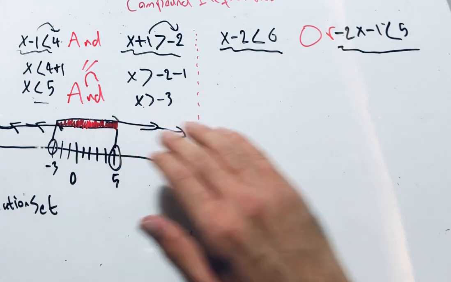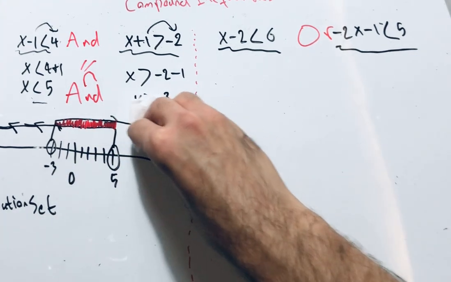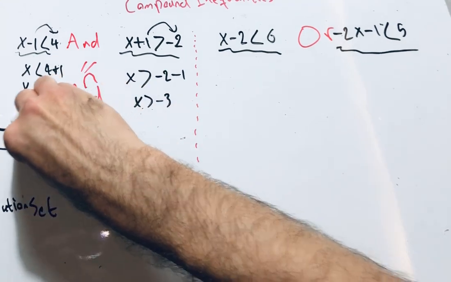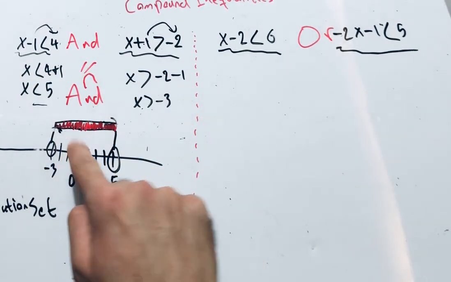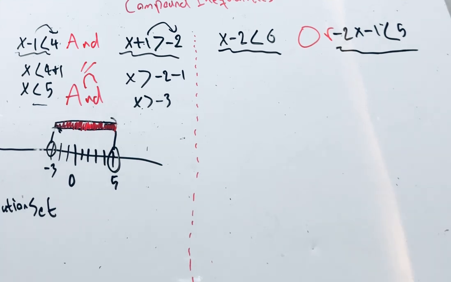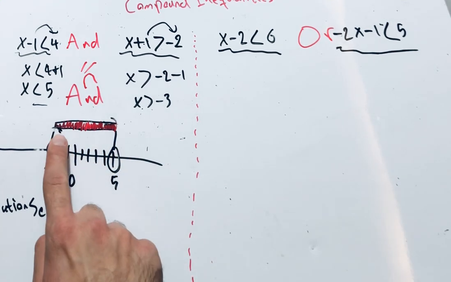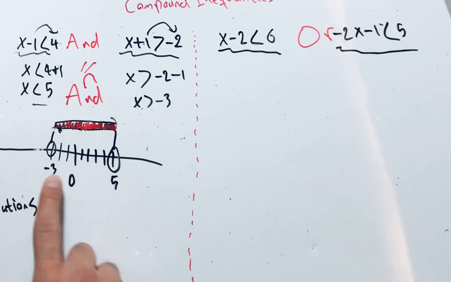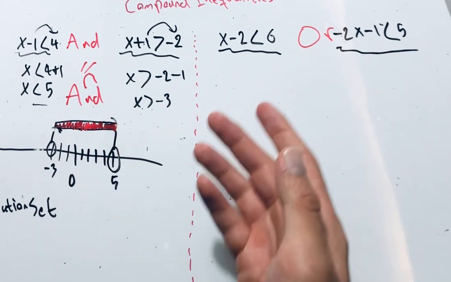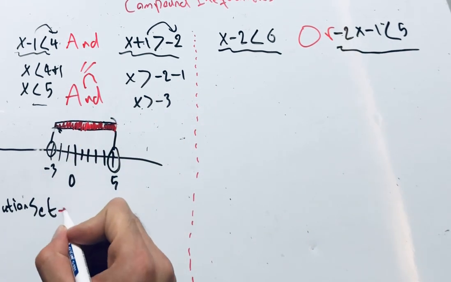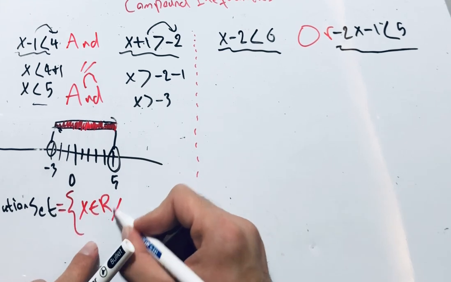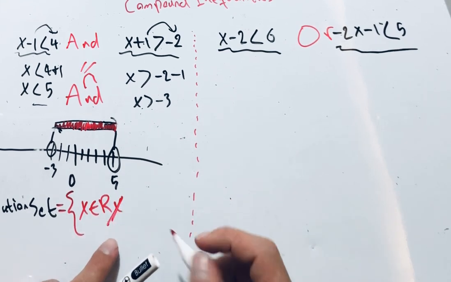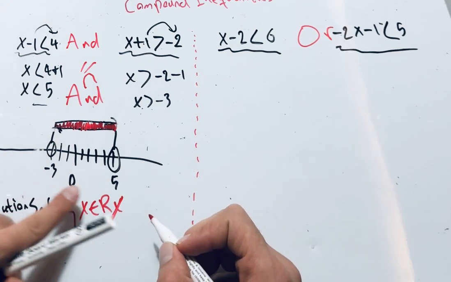So you ignore these arrows that go forever. You don't care about them, because we're having and, you just shade what is between. Now every number between -3 and 5 is counted as the solution set. So any real number between -3 and 5.